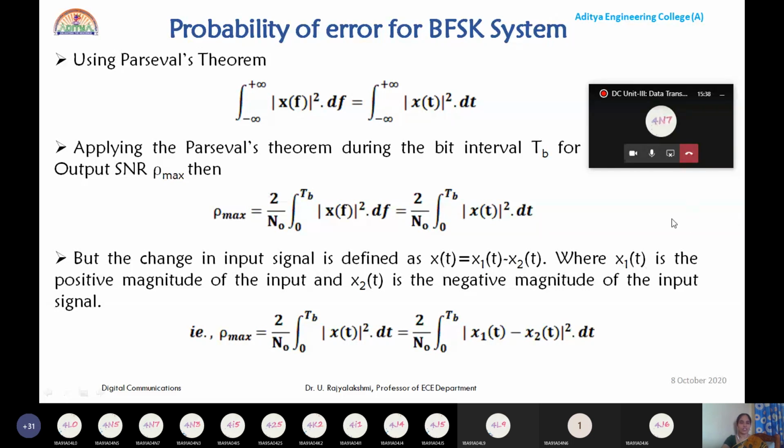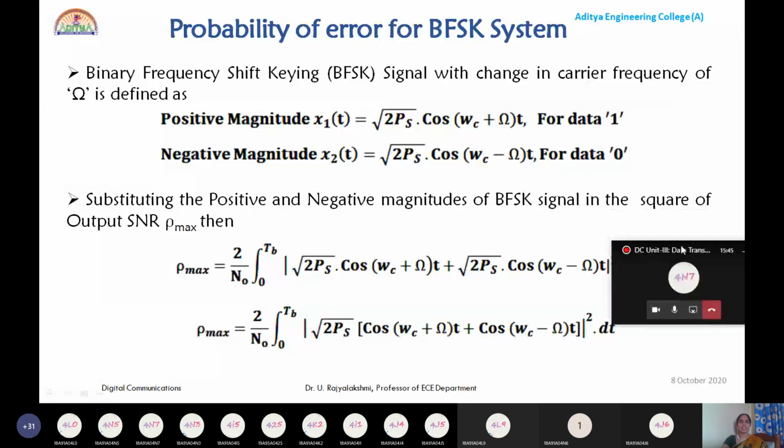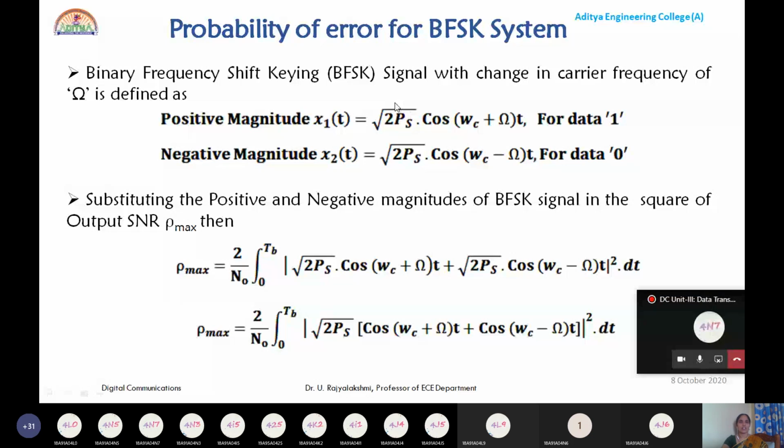Now from this you will get some change. So what next will we do? We'll consider the general BFSK signal. Already you know what binary FSK is. Binary FSK is a change in the frequency of the sinusoidal carrier, that is, change in the carrier frequency with respect to instantaneous values of the input signal.